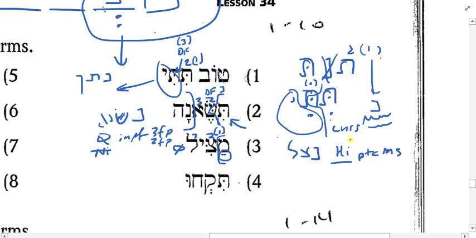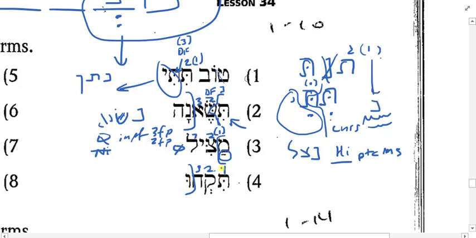All right. Now look at number 4. Tikchu. Okay. If you look at the form, you've got a couple of possibilities. It may be that we have here the 3 root letters visible and a shurik on the back end, in which case this could be like a Qal perfect or a Qal imperative, right?